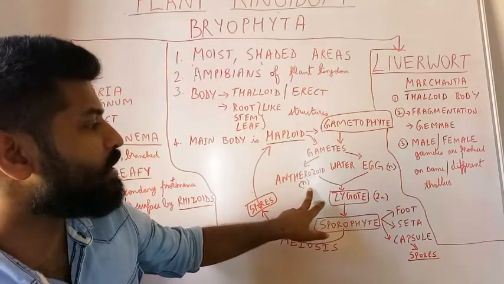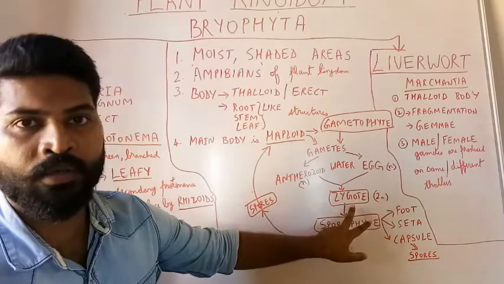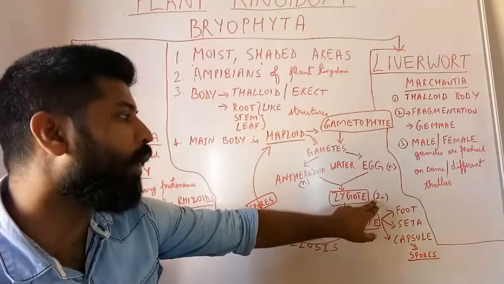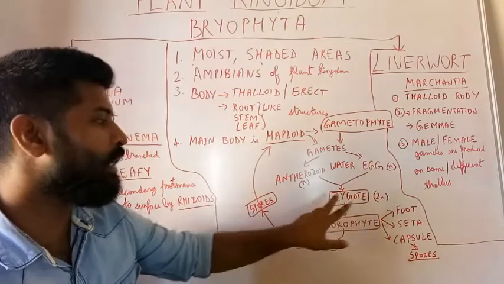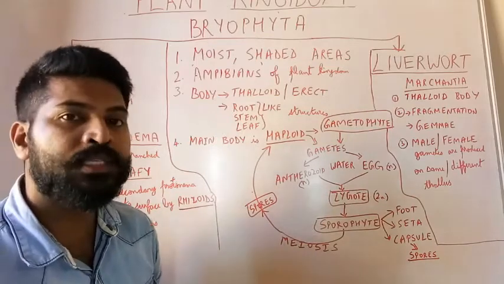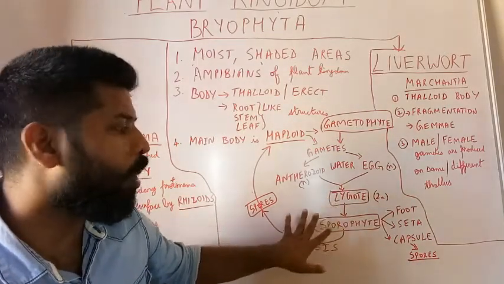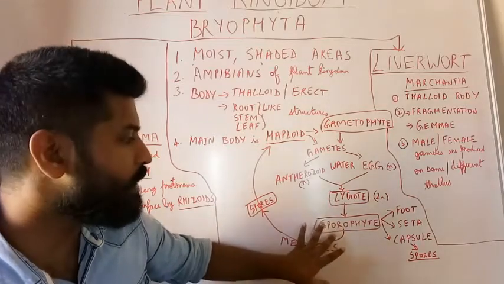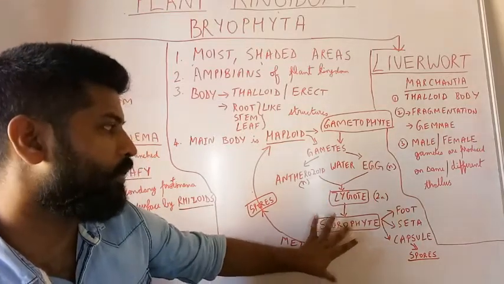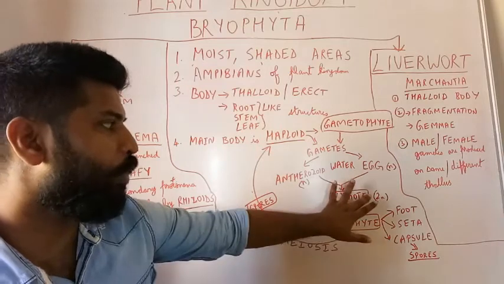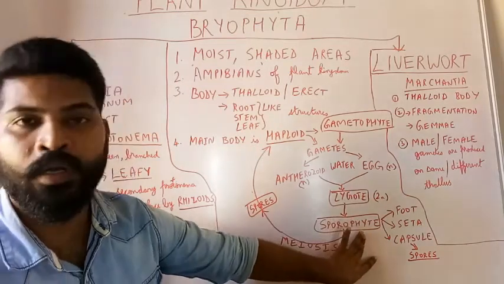The fertilization results in the formation of a zygote, that is diploid. This zygote does not undergo meiosis immediately, but develops into a complex structure called a sporophyte. The zygote is diploid, and the sporophyte is also diploid.